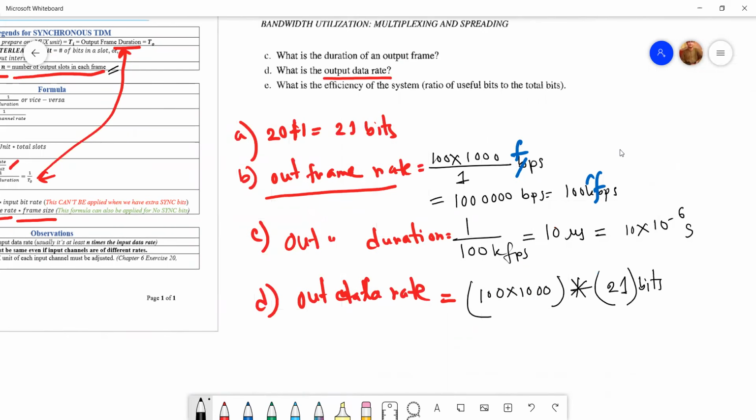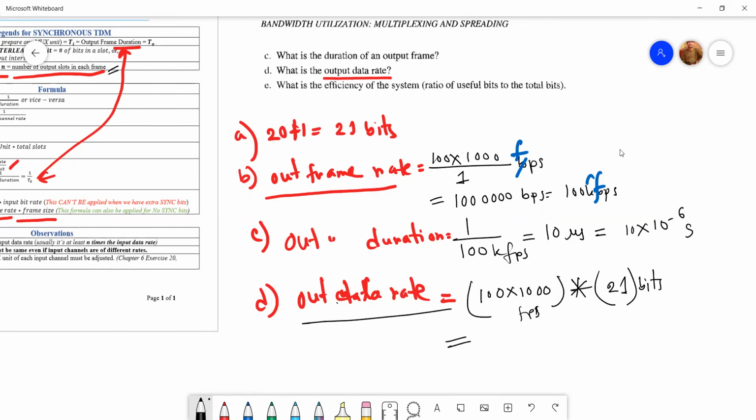This is your FPS, frames per second, and there are 21 bits in each of the frames. So your output data rate will be just a simple multiplication of those.